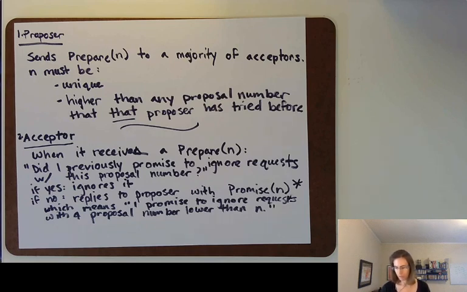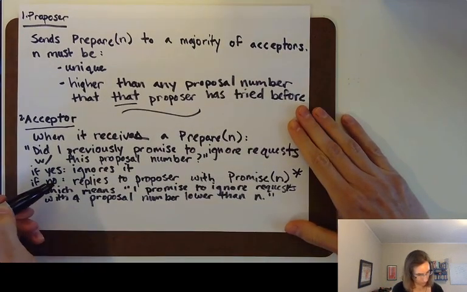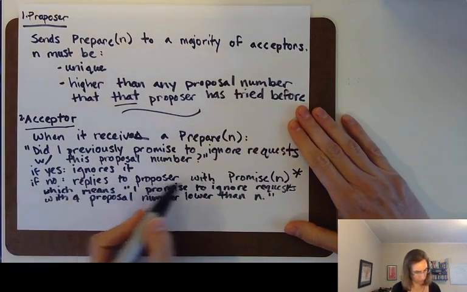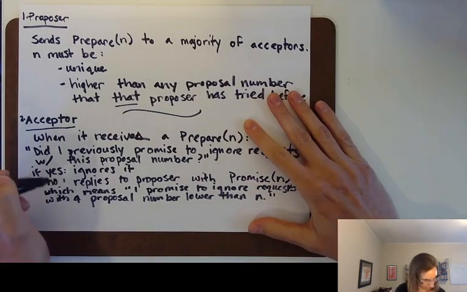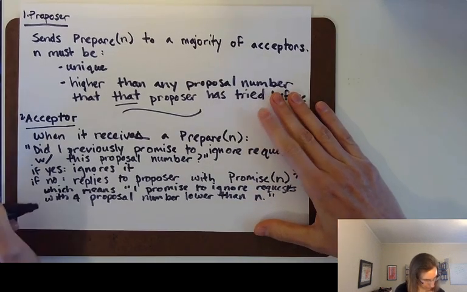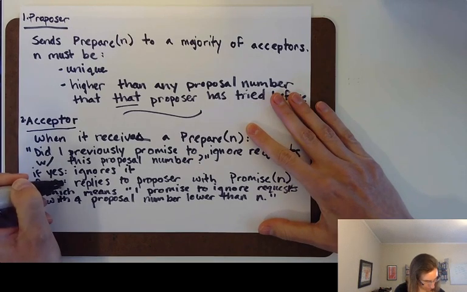So instead of just replying to the proposer with promise n, we have to add something else in here. Right here.